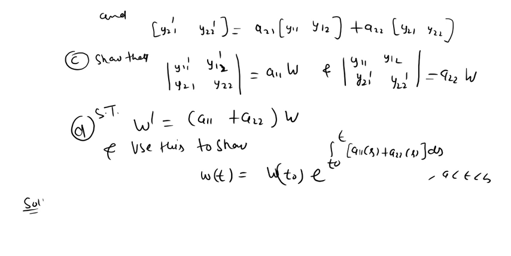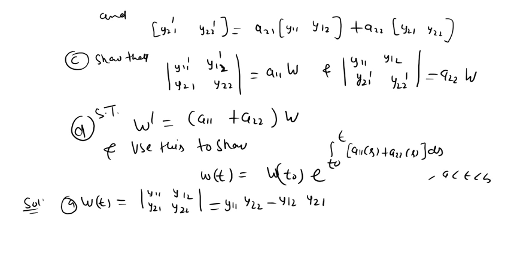So I am solving it. Firstly you have W. What is W? That is the determinant y11, y12, y21, y22. This is part A. Firstly we write W, then we differentiate it. Expand it: y11 y22 minus y12 y21.